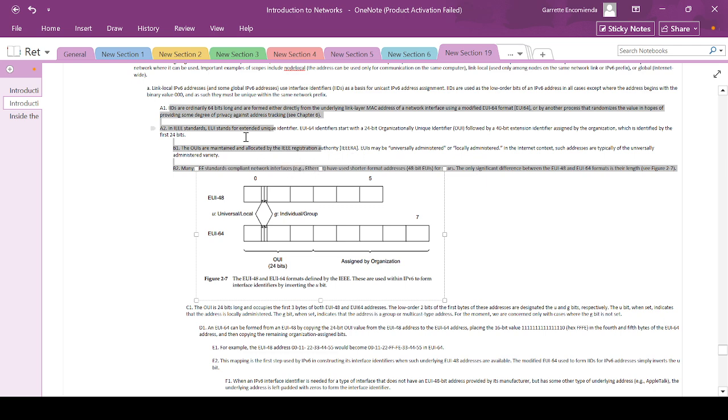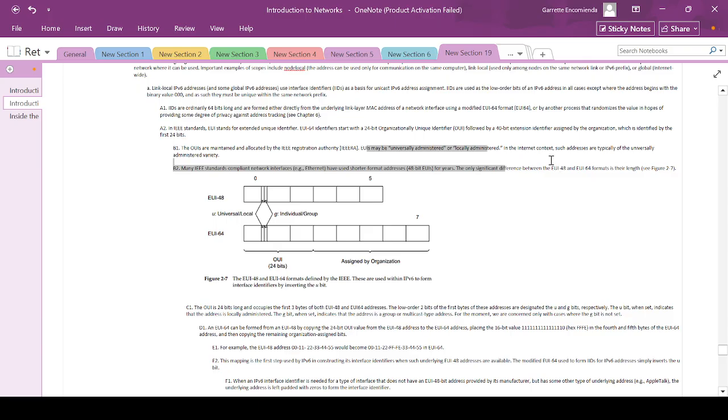So this 64-bit unique IID actually has the EUI-64, and then EUI-48, and the OUI for that is defined by the IEEE Registration Authority. EUIs may be universally administered or locally administered.